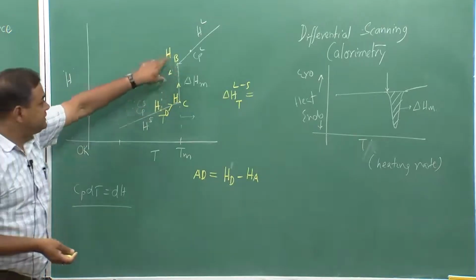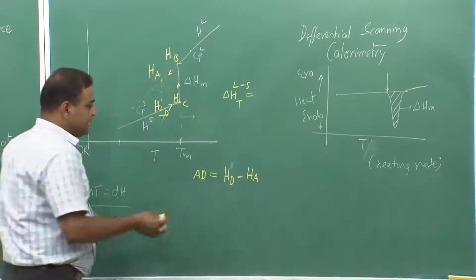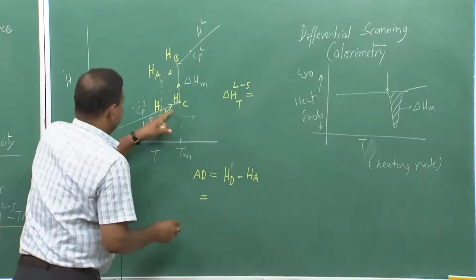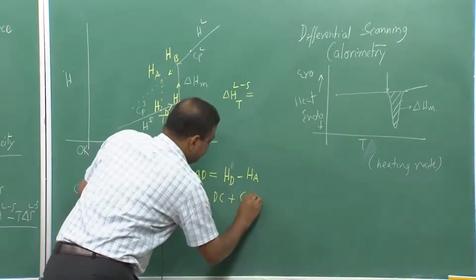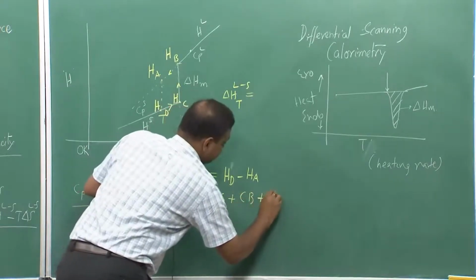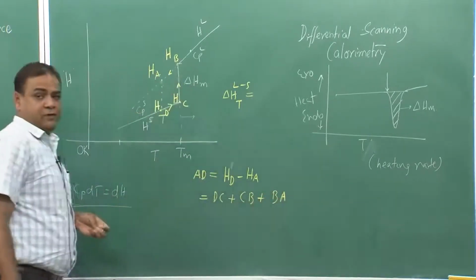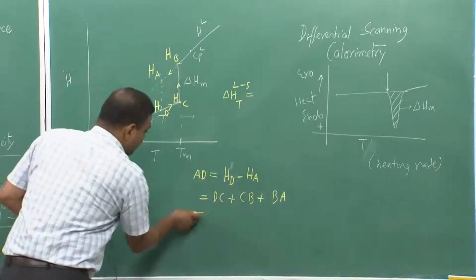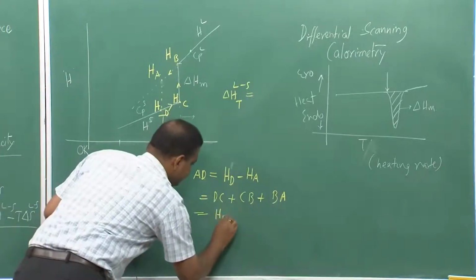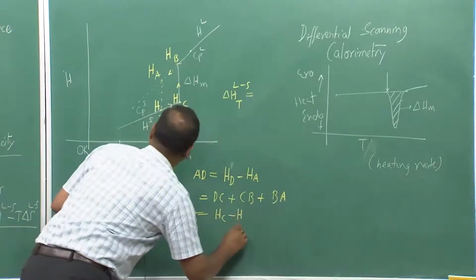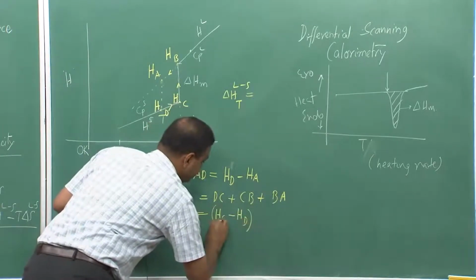So, if I go from here to there, from there to there, and then from B to A, and then I see the difference, it will give me the same difference. So, if I take this route, it would be DC plus CB plus BA.